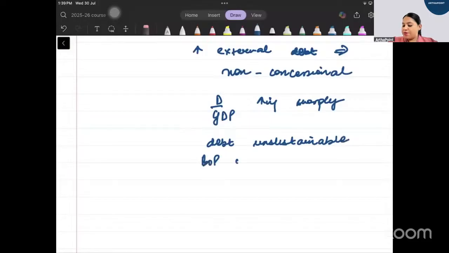And it led to the balance of payment crisis in 1991.